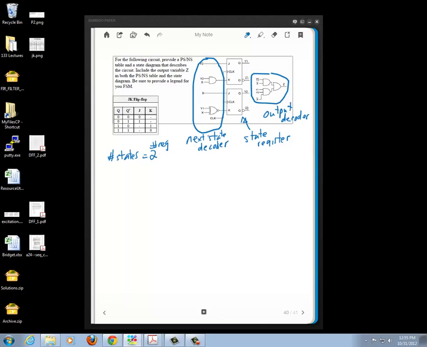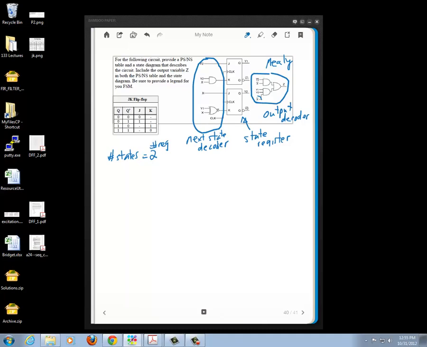Now we also want to note that our output is a function of the state variables y1 and y2, and also a function of the input. So this is going to be a Mealy output because the output is a function of both the external inputs and the state variables.